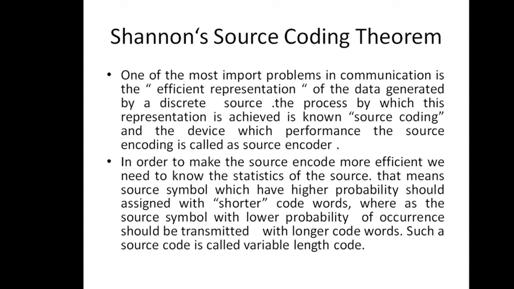Whereas a source symbol with lower probability of occurrence should be transmitted with longer code words. So for a source symbol whose probability of occurrence is lower, it should be represented with longer code words in binary form. Such a source code is called a variable length code.